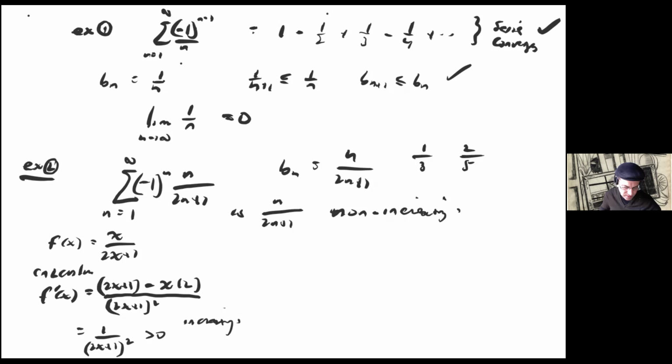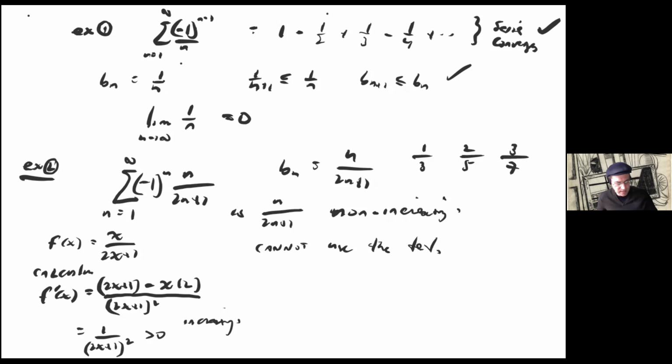Then you have 3 over 2 times 3, which is 6, plus 1 is 7, which is more than a third. It seems to be increasing. Okay, so this is not going to work, and we have to study this differently. The criteria for the test don't work.